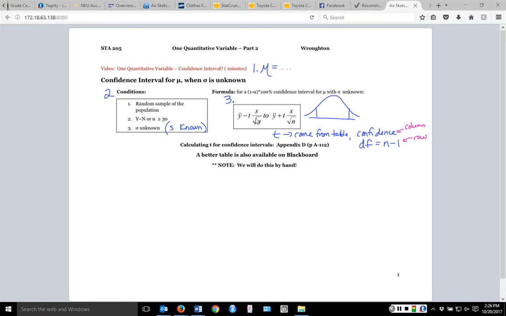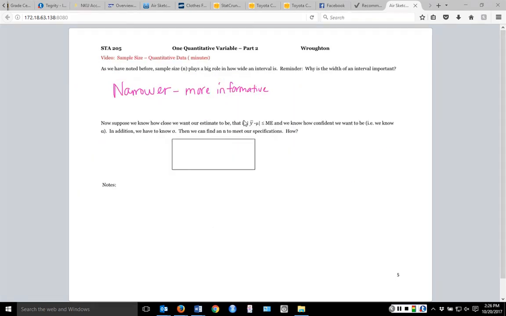So the idea here is to take this and solve it for n again. But you're going to see a couple of different letters in the formula, and we're talking about why they show up. What I'm going to find is that my n needs to be at least as big as z times sigma over my margin of error, all squared.